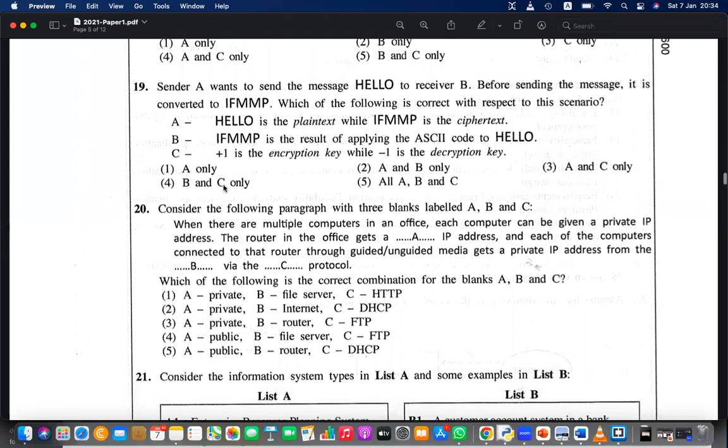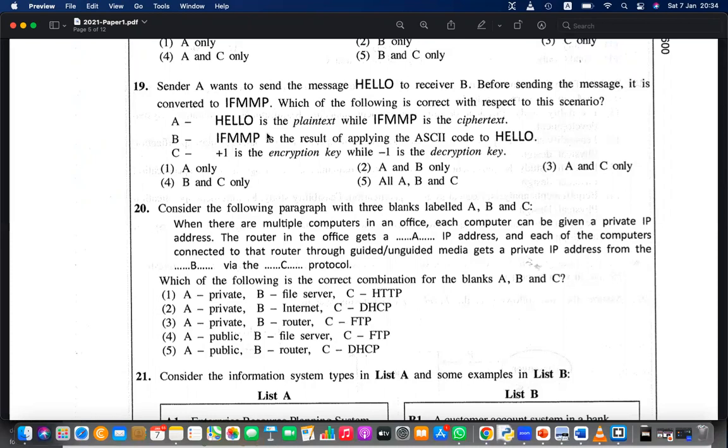Sender A wants to send a message hello to receiver B. Before sending the message, it is converted to IFMMP. Which of the following is correct with respect to this scenario? When you are sending messages, you can see the letters. How many letters are there? There are 5 letters. Here also 5 letters. It seems to be the monoalphabetic Caesar cipher.